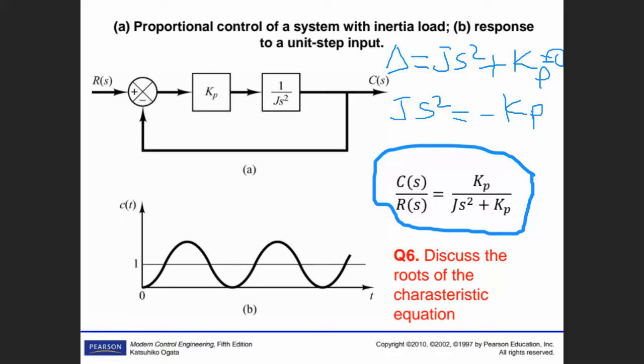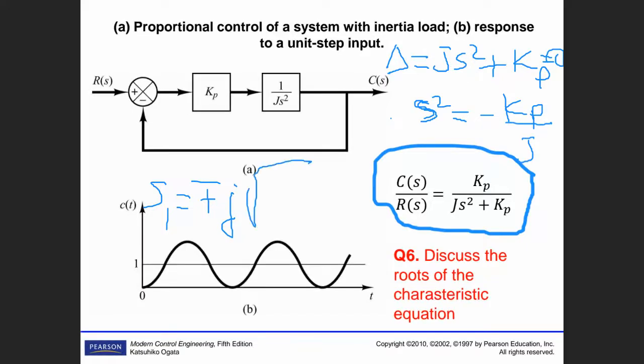So s square is equal to minus Kp over J, and s1 is equal to plus and minus j square root of Kp over J. So the poles are located.